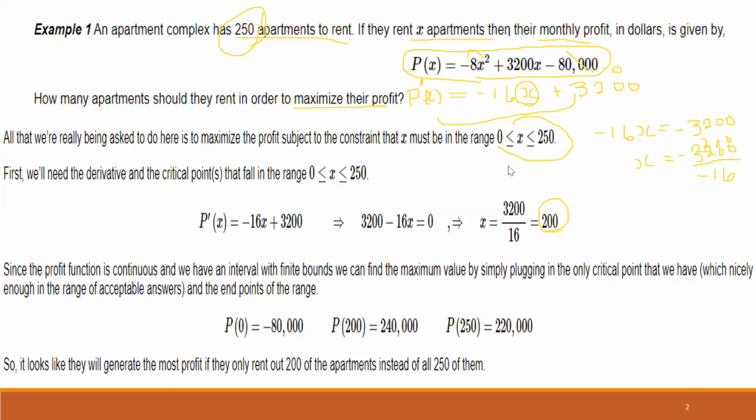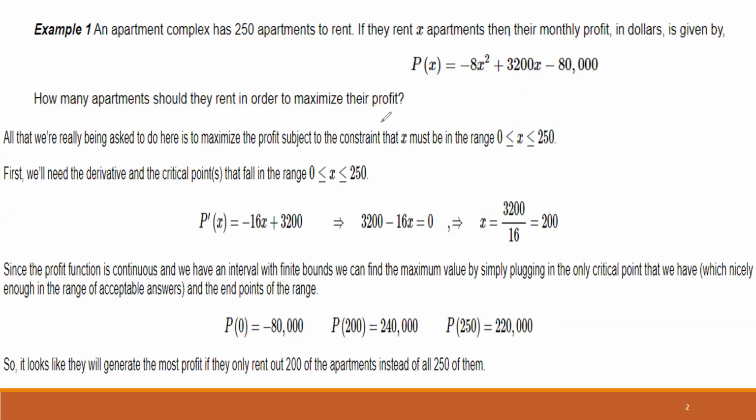So notice here, we have our maximum function. Let's look at plugging in 0 apartments. This is your profit function here.